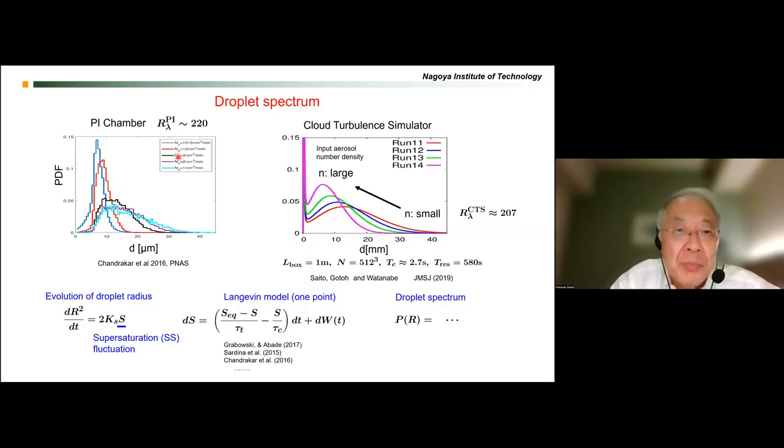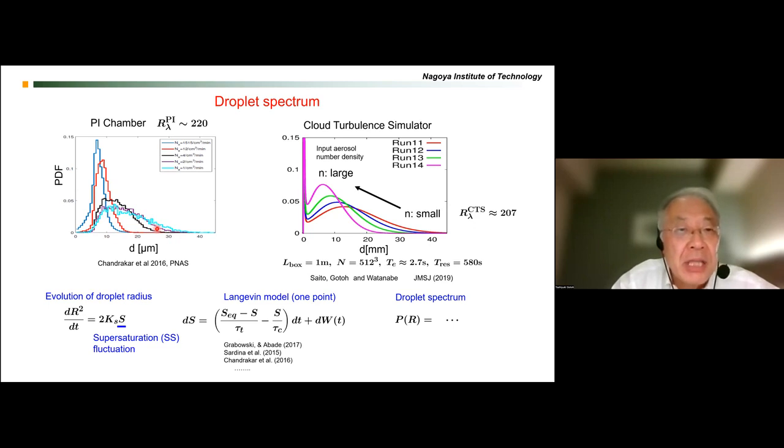One of the important issues in cloud physics is the size of the droplets. For example, this is the laboratory experiment data, which was conducted by Professor Shaw at Michigan Tech. If the number of aerosols is not large, then the distribution of the size of droplets is quite wide.